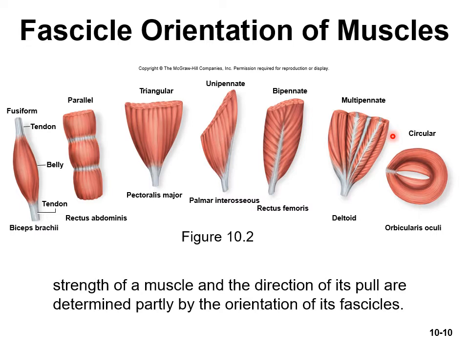This gives it the ability to pull in varying directions, which is good because it's on our shoulder, which can move in varying directions. Lastly, you have circular muscles. These are going to be all of your sphincters, like the orbicularis oculi, the orbicularis oris for your mouth, the pyloric sphincter in your stomach. All of those are circular muscles.